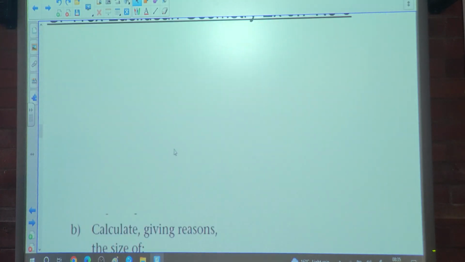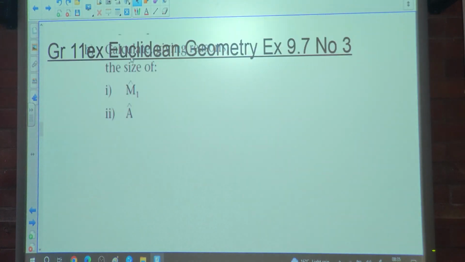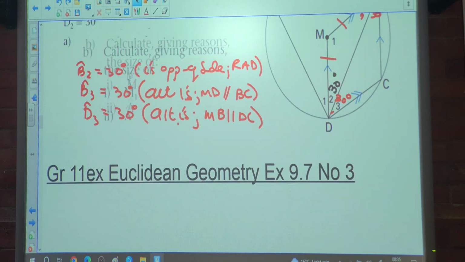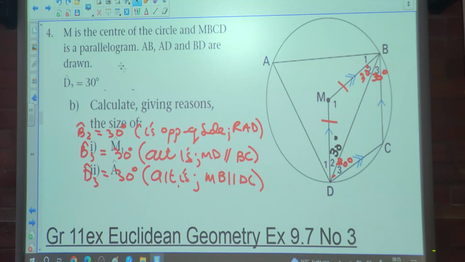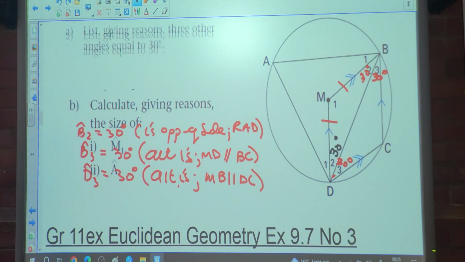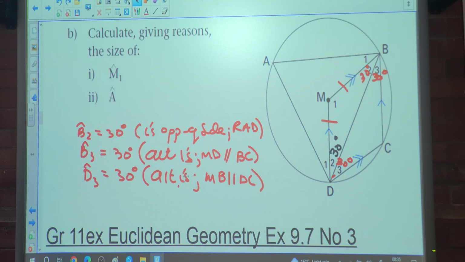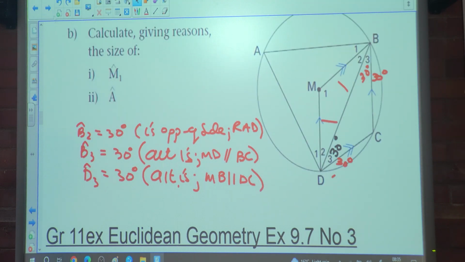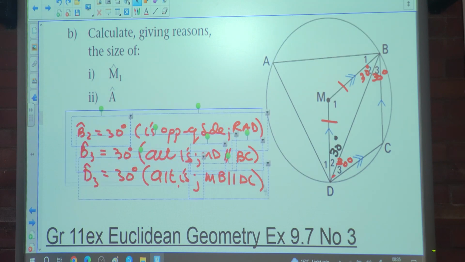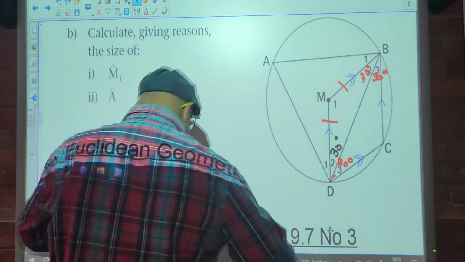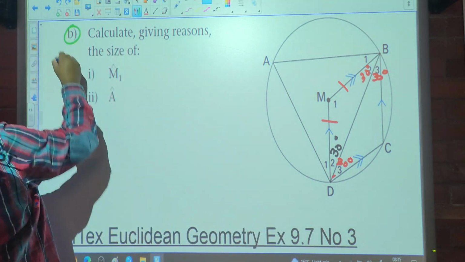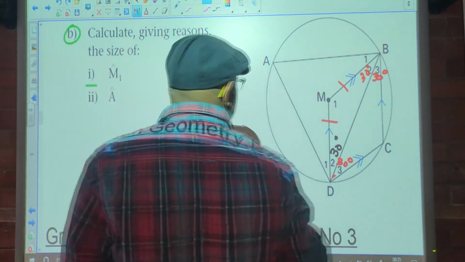Then part B of the question says, calculate giving reasons the size of M1. So what I'm going to do is pull that up. M1 is simple.